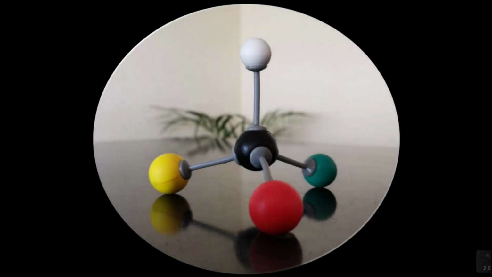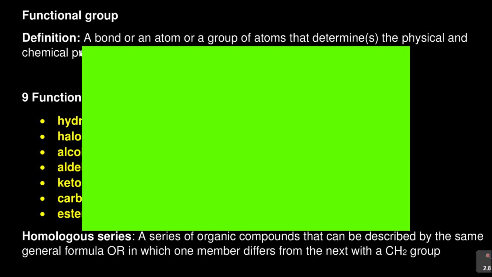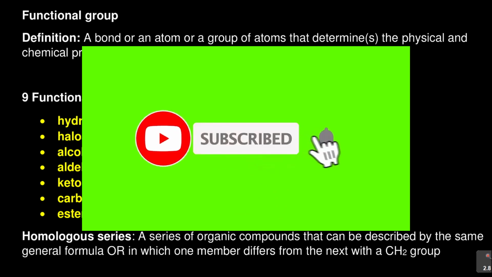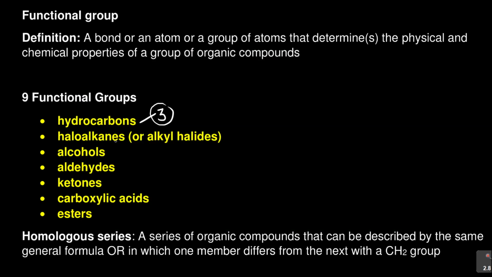In this lesson, we are continuing looking at the functional groups. We did this in the previous lessons, where we looked at the 9 functional groups. We've got hydrocarbons, there are 3 here, which are alkanes, alkenes, and alkynes.